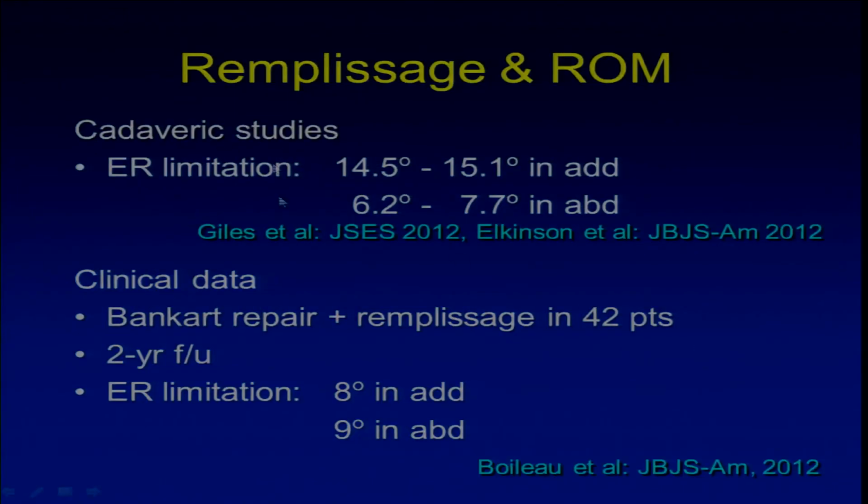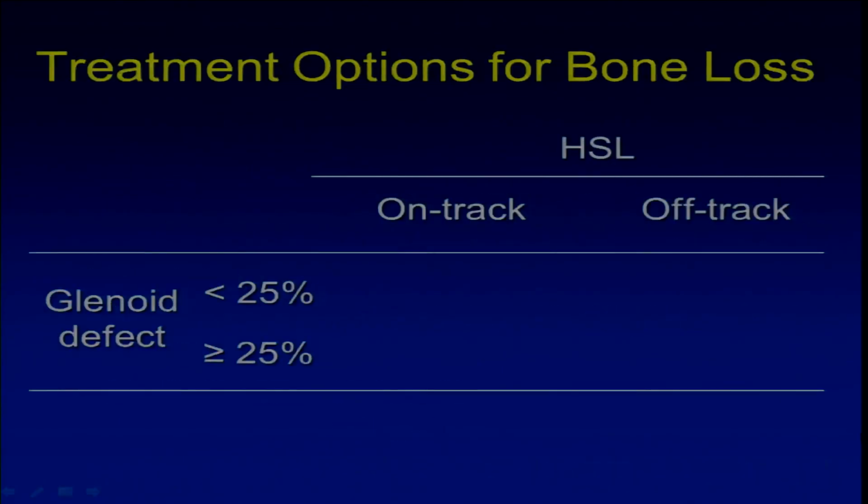In previous studies, cadaveric shoulders show 5 to 10, 15 degrees of limitation in external rotation, and clinical data also show around 10 degrees of limitation in external rotation. This may be acceptable for ordinary people, but this is definitely not acceptable for throwing athletes. So for the throwers, you must consider whether to apply this or not.